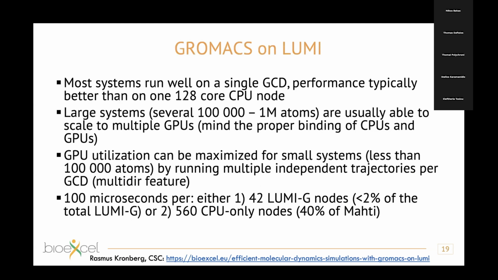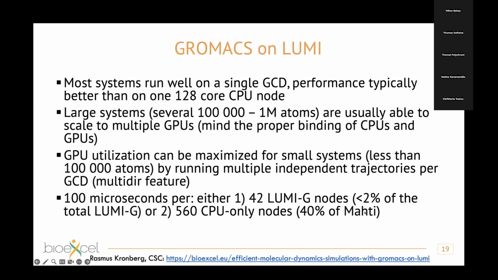As a summary of the LUMI work, as mentioned, for large systems, it's possible to scale on multiple GPUs, and you can maximize the utilization of the GPUs by running multiple independent trajectories per node.